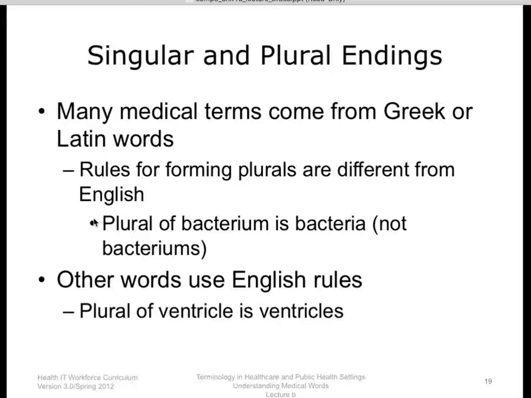If it's IUM, it typically gets replaced with IA if it is a plural. Some words, if it is not a Greek or Latin root, such as ventricle, there you do use traditional English rules by putting an S on it. So the plural of ventricle is ventricles.